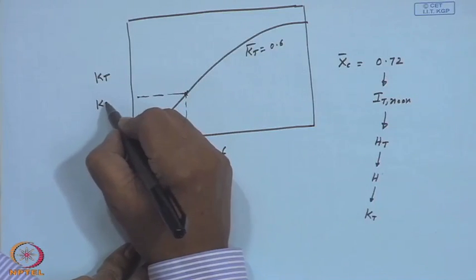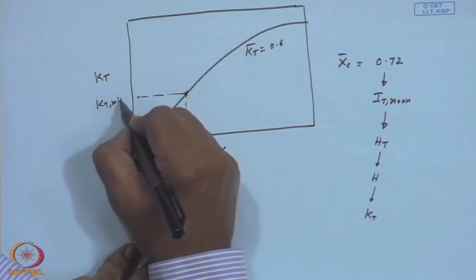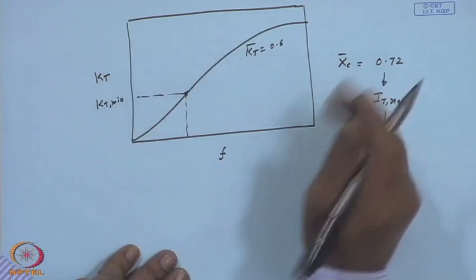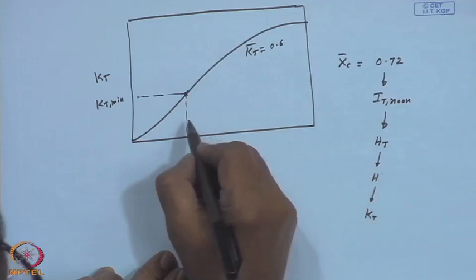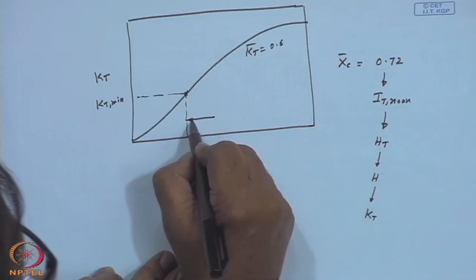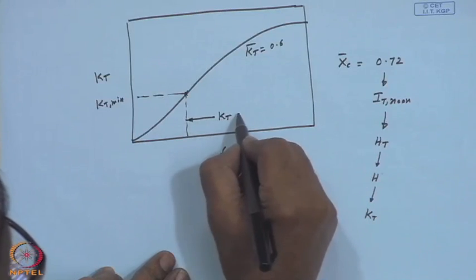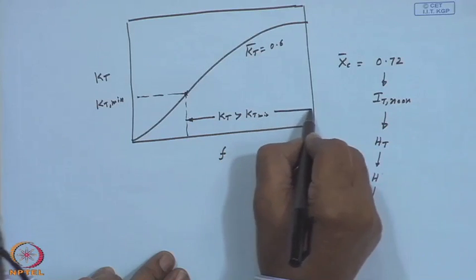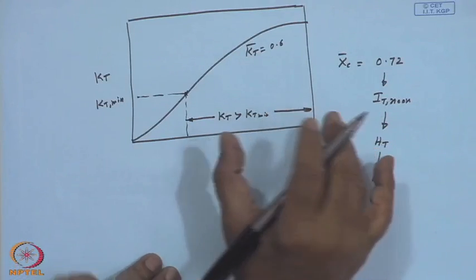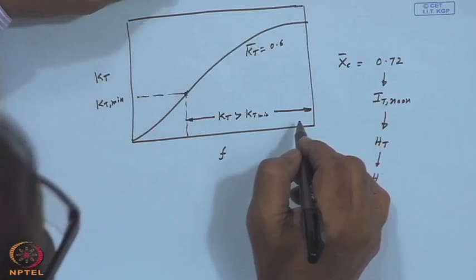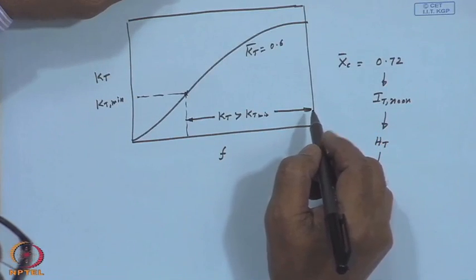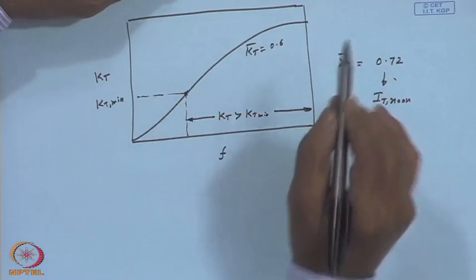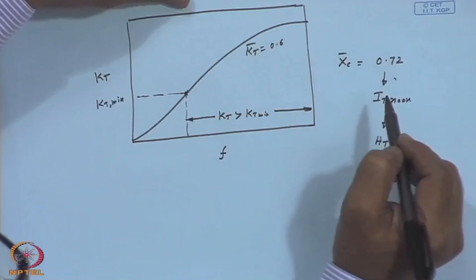so I can say this one is sort of a KT min corresponding to my xc bar min, and this many days will have a KT greater than KT min, or this much of fractional time will have the clearness indices, hourly basis or daily basis, higher than the noon time radiation when it is just equal to my xc bar number.